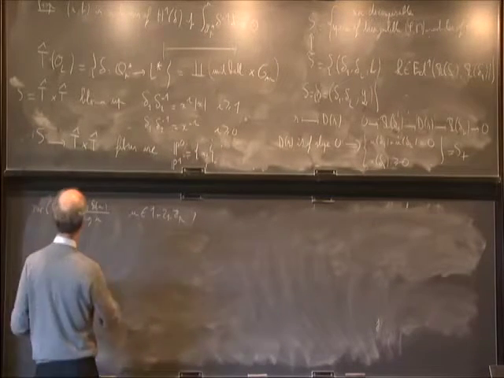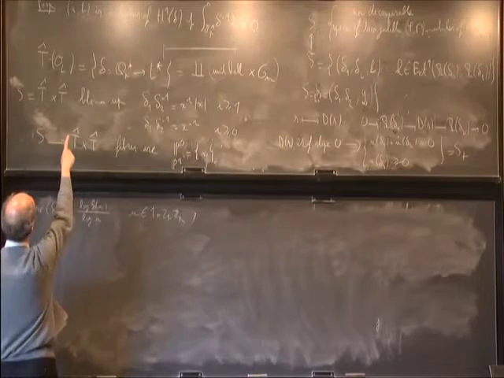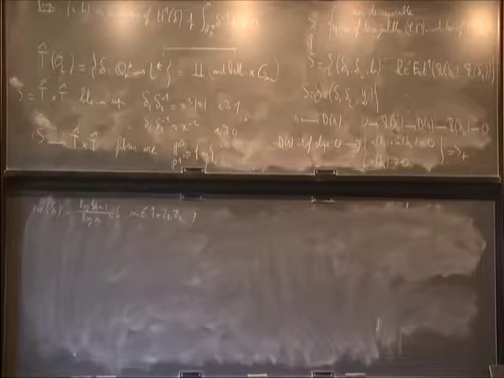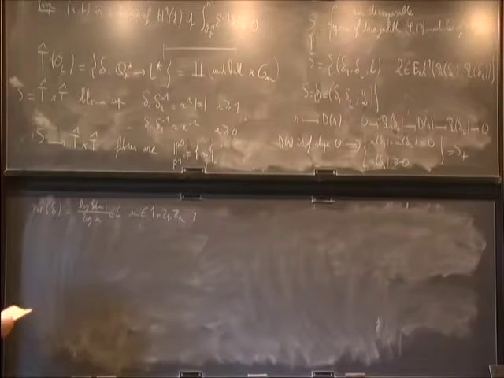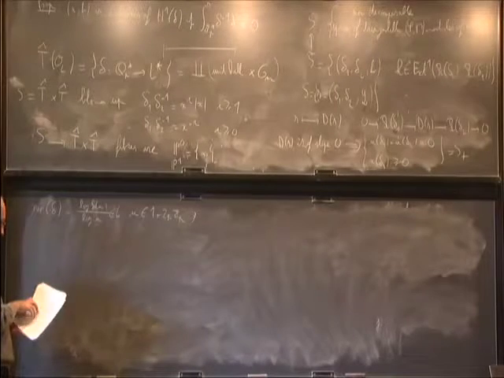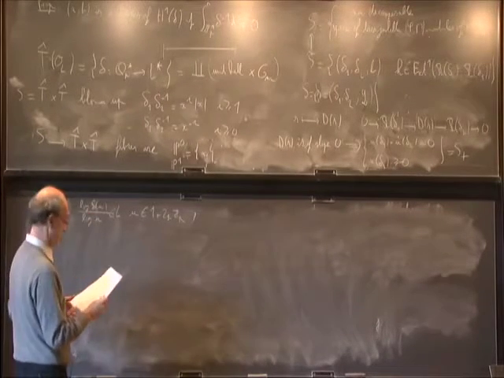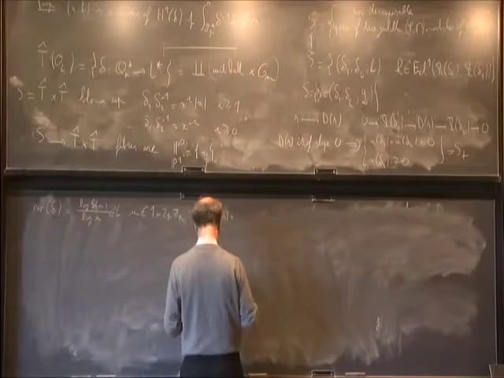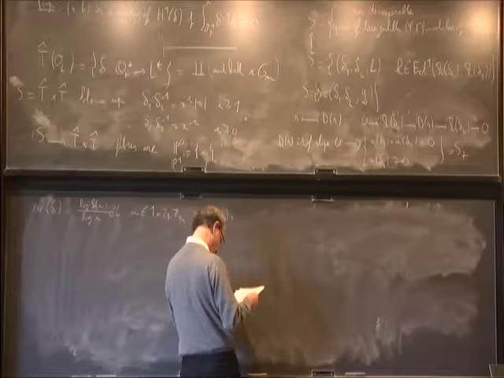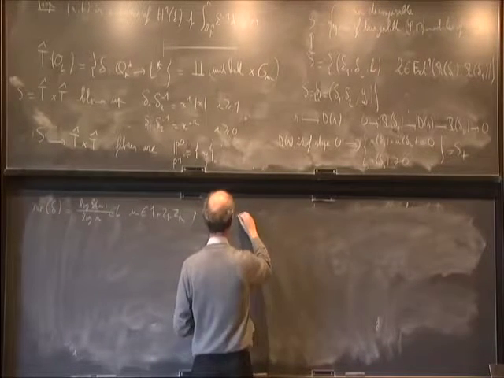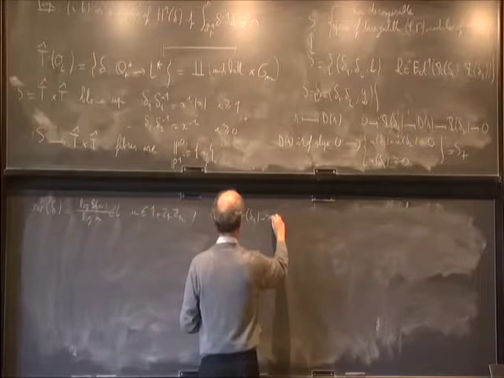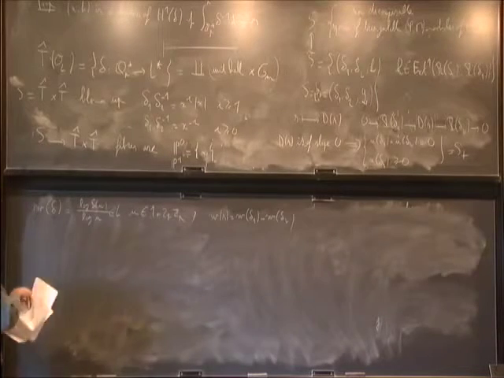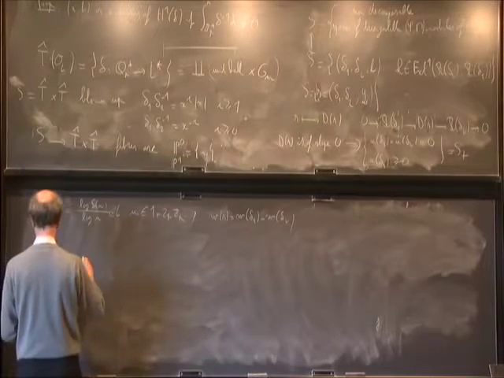Delta is a character of Qp star with values in L star, so this lives in L. So it's the Hodge-Tate weight. And you use it to define two things. W of S is going to be W of delta 1 minus W of delta 2. And then you define the following things.